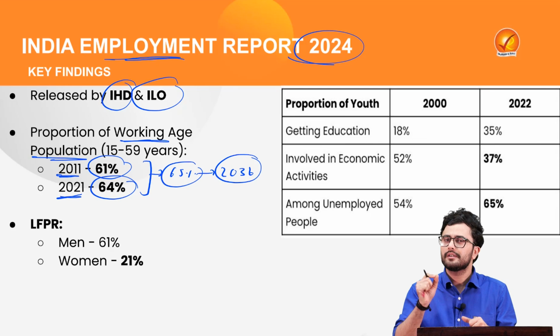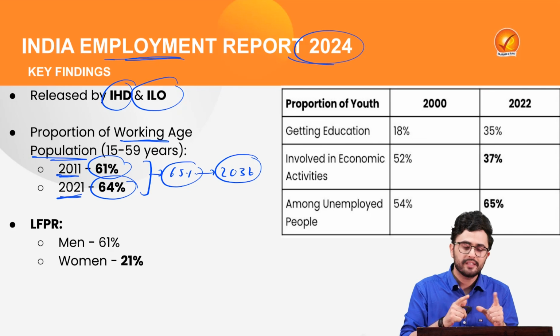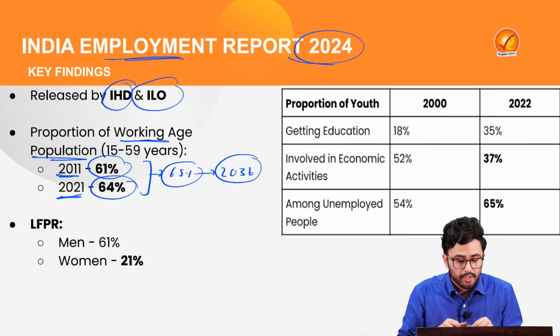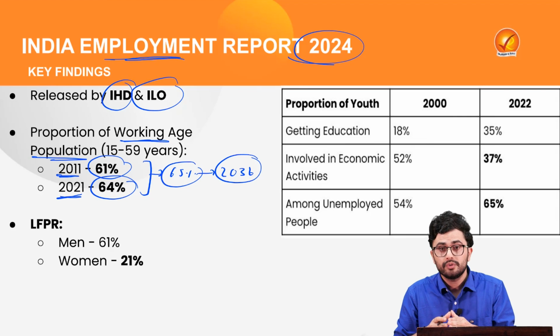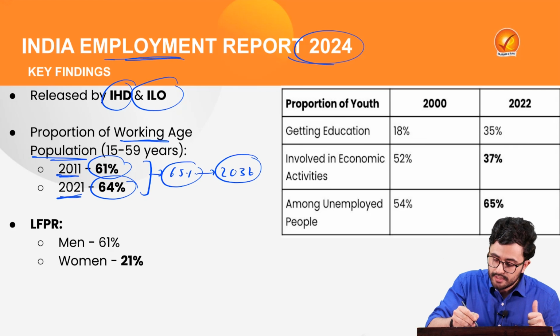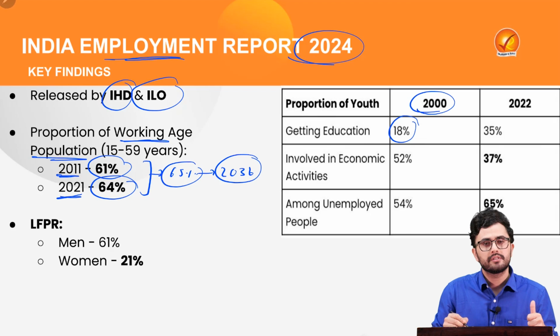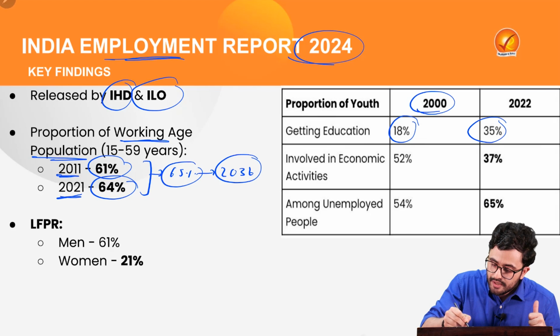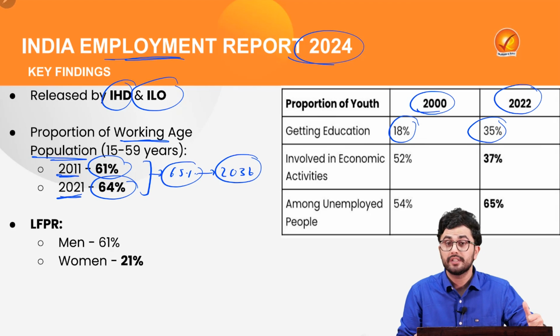However, there lie certain dilemmas as highlighted by the report. According to the report, the proportion of youth who are getting quality education has actually increased from 18% in 2000 to 35% in 2022.